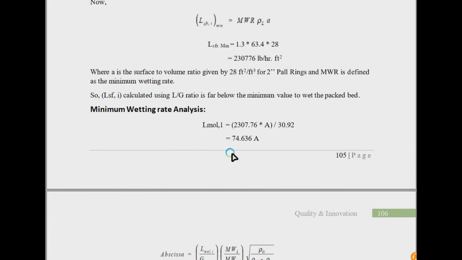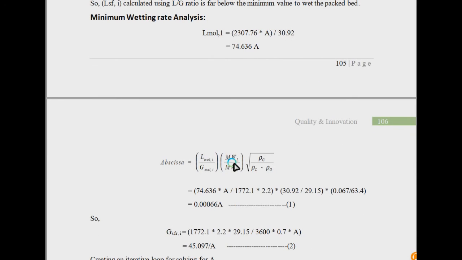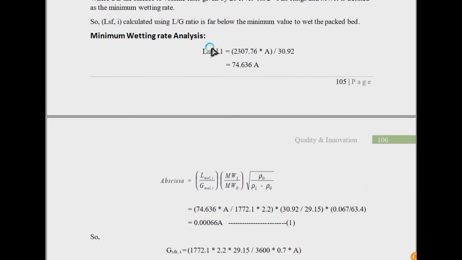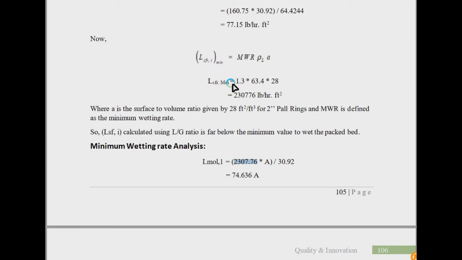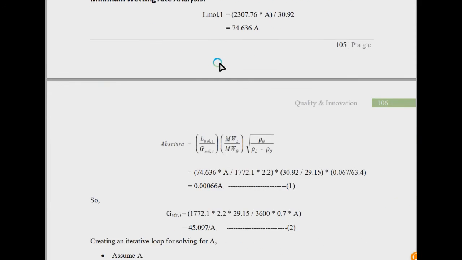In the minimum wetting rate analysis, you have to set out the same constraints and the abscissa. First of all, this is the molar flow equation L mol I, your molar flow rate. This is the minimum flow rate here, 2307.76. Here I have made a mistake, there is a decimal point.